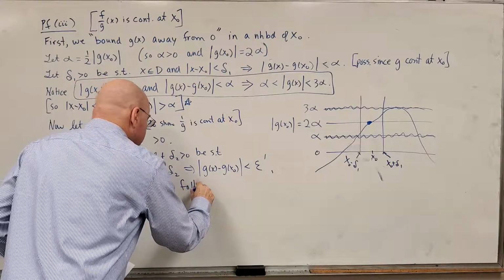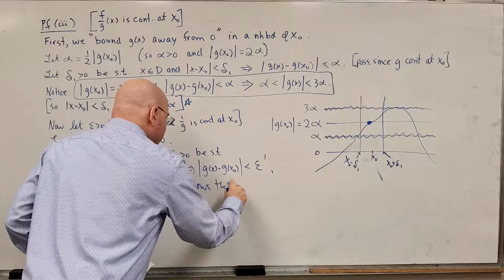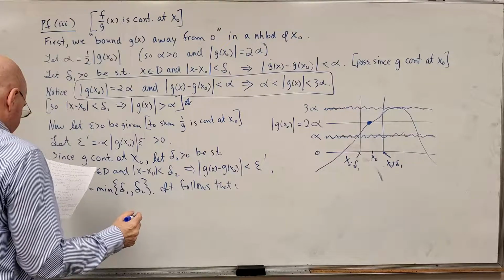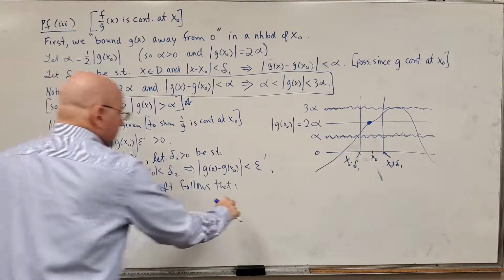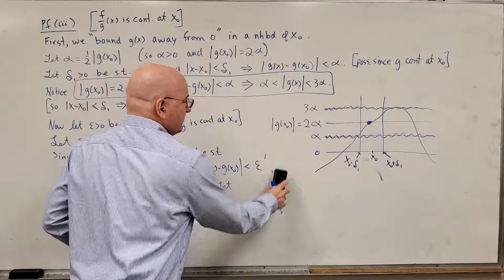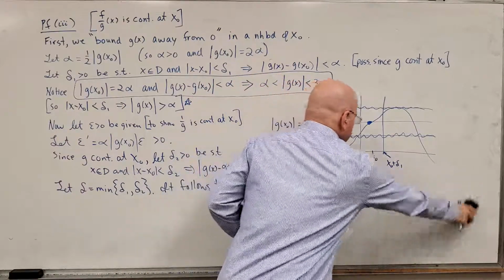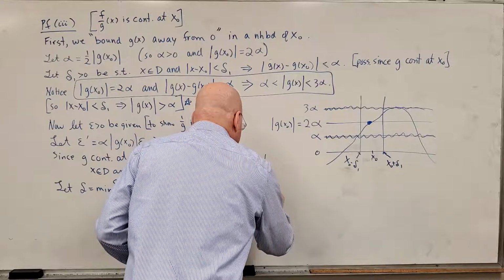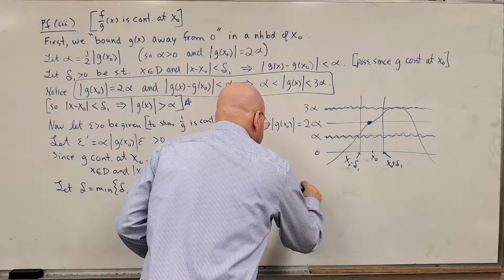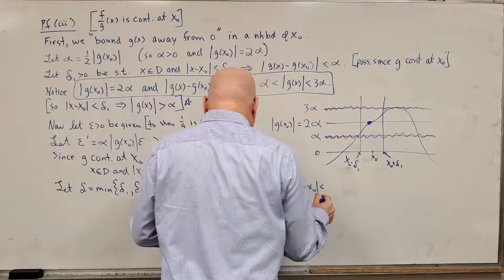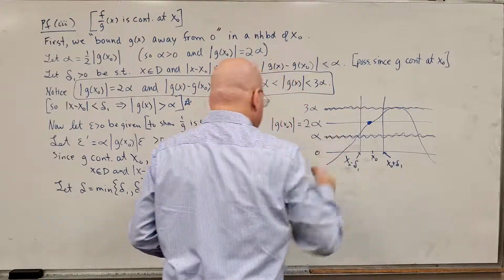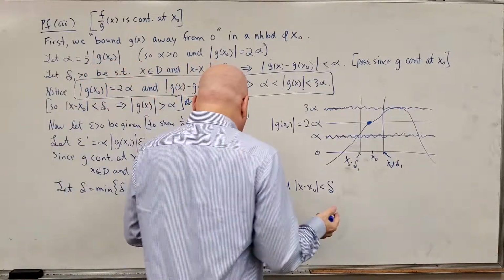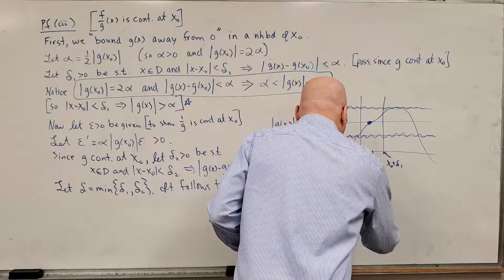It follows that x in the domain and the absolute value of x minus x naught less than delta, which means it's less than both delta 1 and delta 2, implies the following.